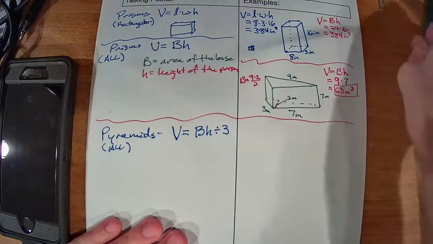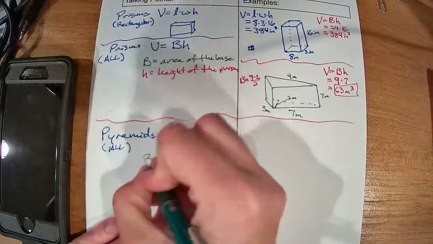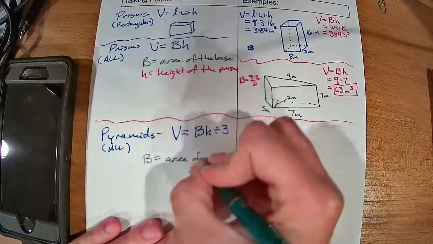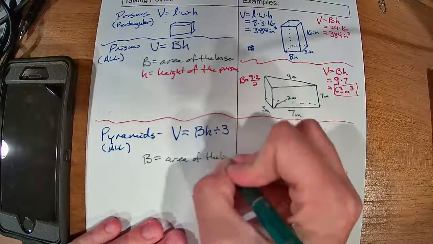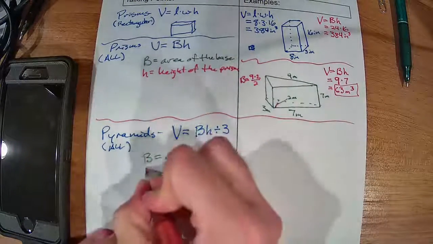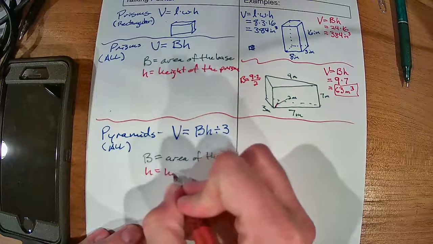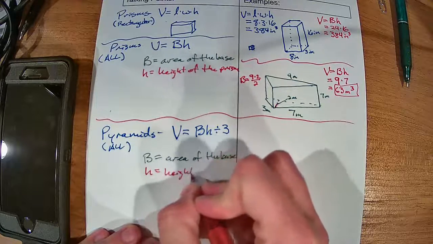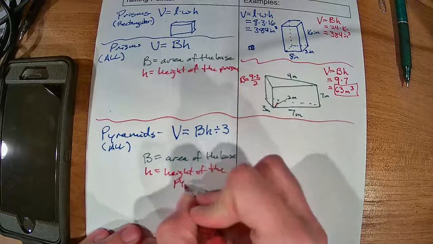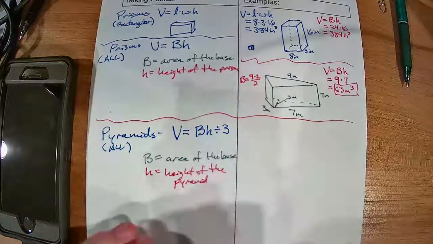Where again, B is equal to the area of the base. H is the height of the pyramid.